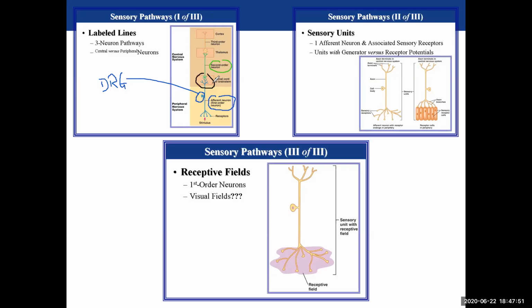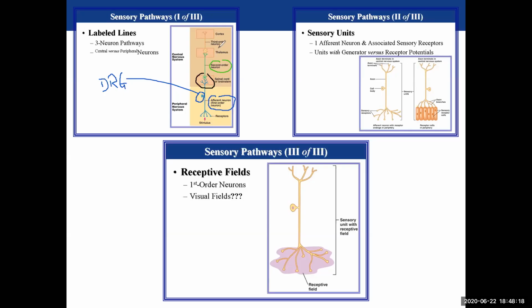And more specifically, it is the distal posterior gray horn of the spinal cord, because there's a distal posterior gray horn and a proximal posterior gray horn. Okay, and the second order neuron will convey an action potential toward the thalami.